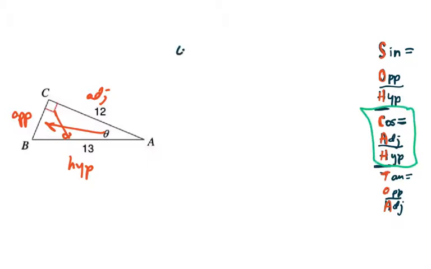So we're going to do cosine of theta, which we could put x if we wanted to, equals adjacent 12 divided by hypotenuse 13. So that's fine. We're trying to get the variable by itself, and the variable is that theta sign, which is why I said we should use x instead, just so you understand that this is the variable that we're trying to isolate.